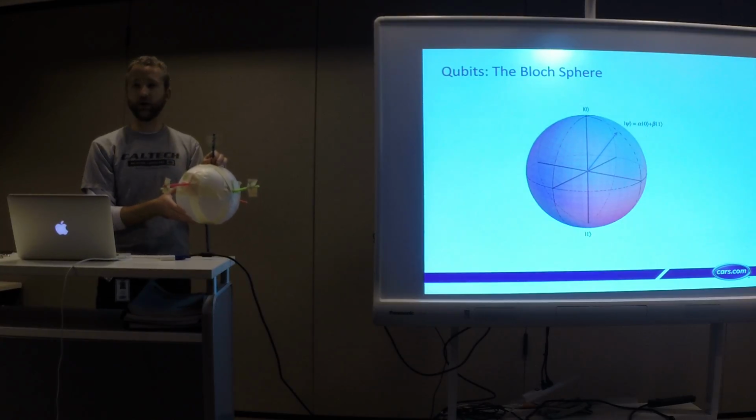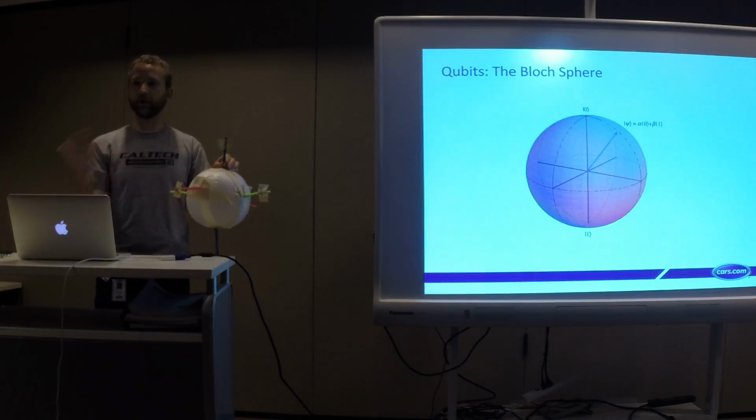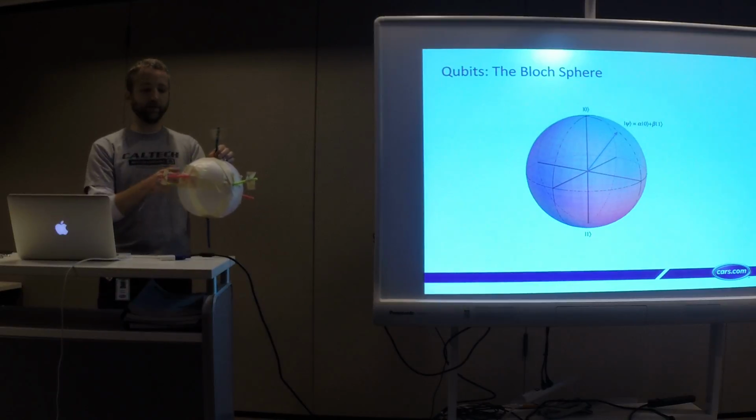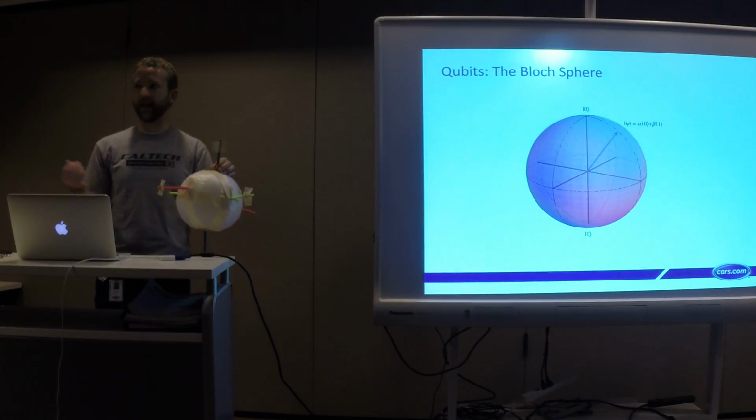And where that really comes into play is: what does the state of the qubit have to do with the states of other qubits? If it weren't for the phase, we would just have a bunch of different bits that might go to 1, might go to 0.